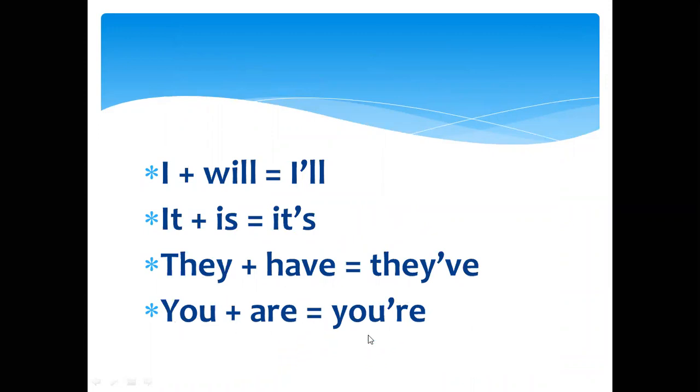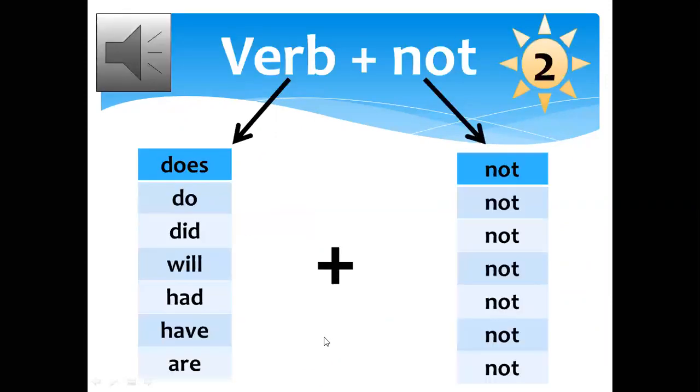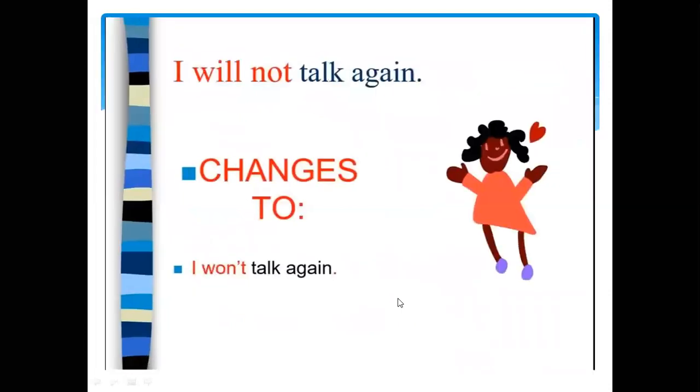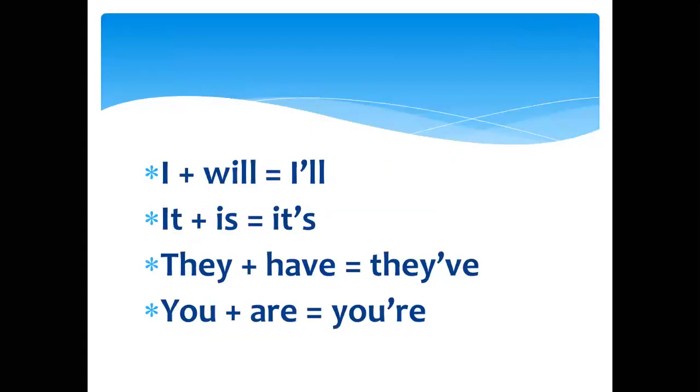You are, you're. So here in will, I remove two letters, W and I. And in is, I remove just one letter, I. They have, they've. In have, I remove two letters, H and A. You are, you're.